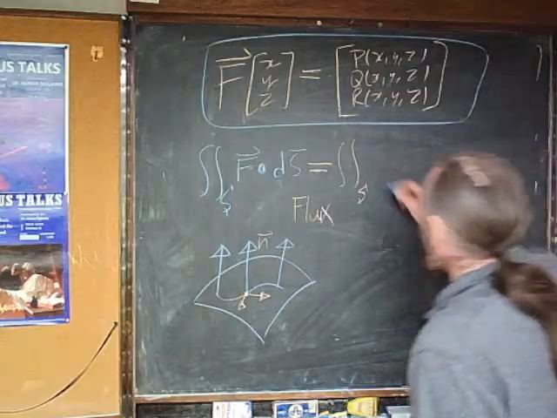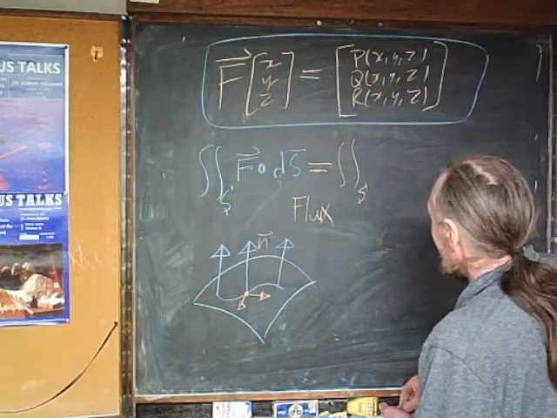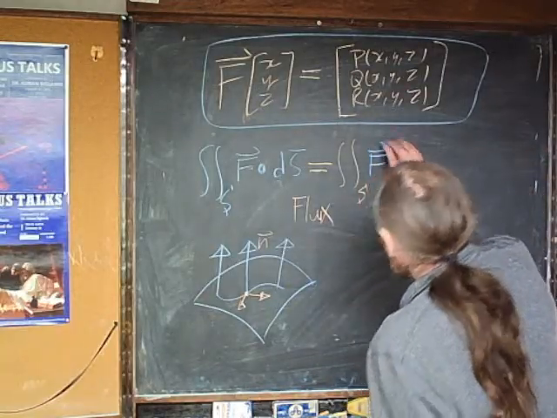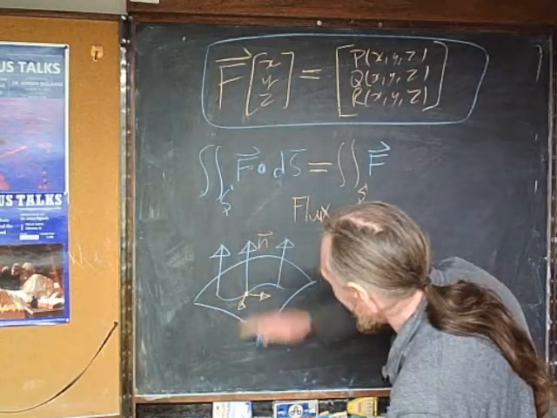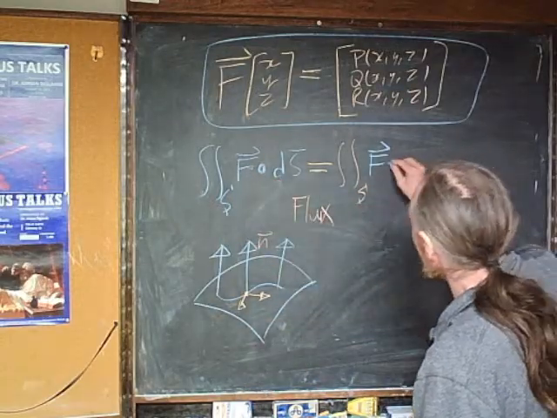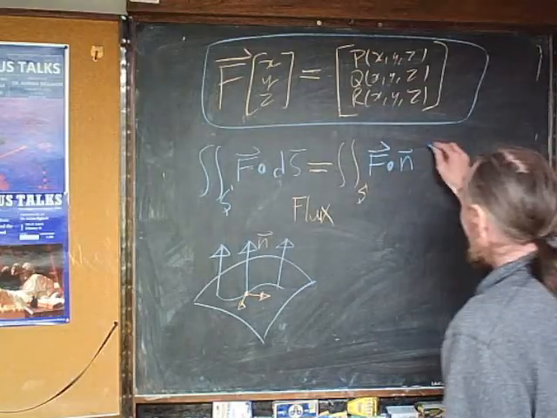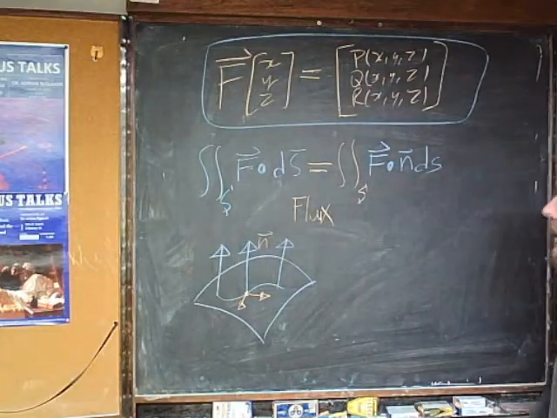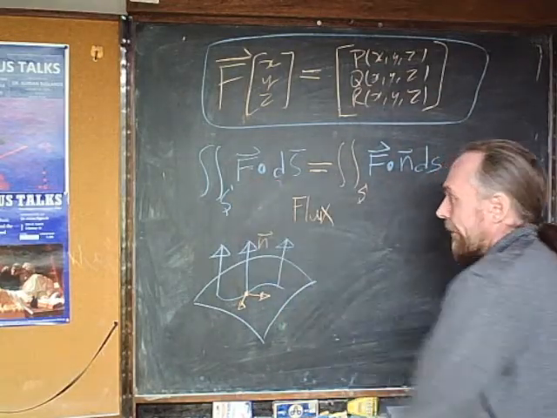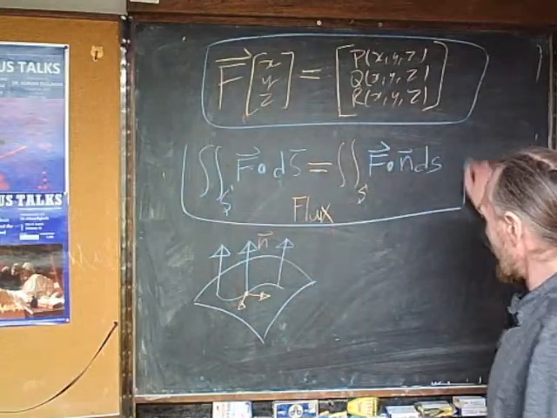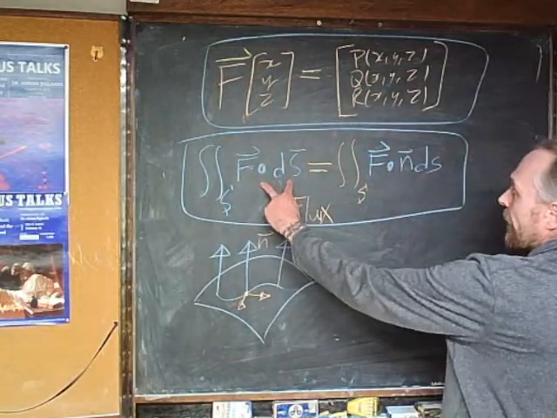And so what this happens to turn out being is the unit normal vector. When we flush the fluid through this, it's going to be the dot product from linear algebra of the unit normal times dS. This is how we get rid of it.